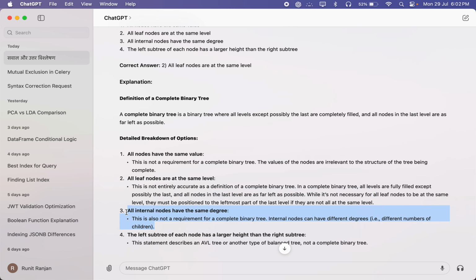Okay, so third is not the right answer because they're saying internal nodes can have different degrees, that is, a different number of children attached to it.